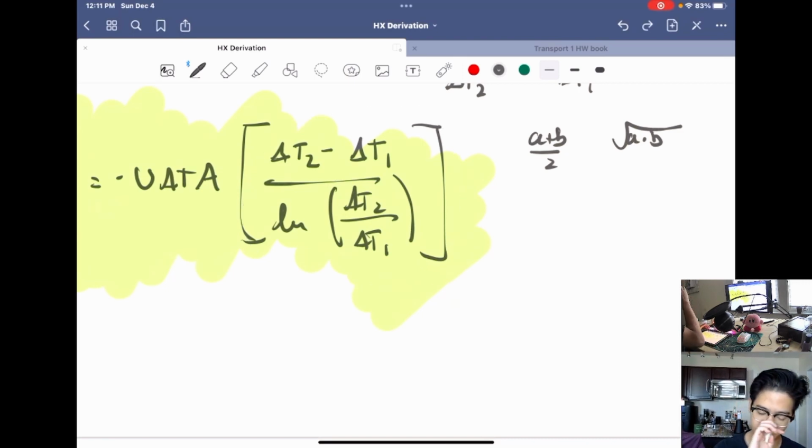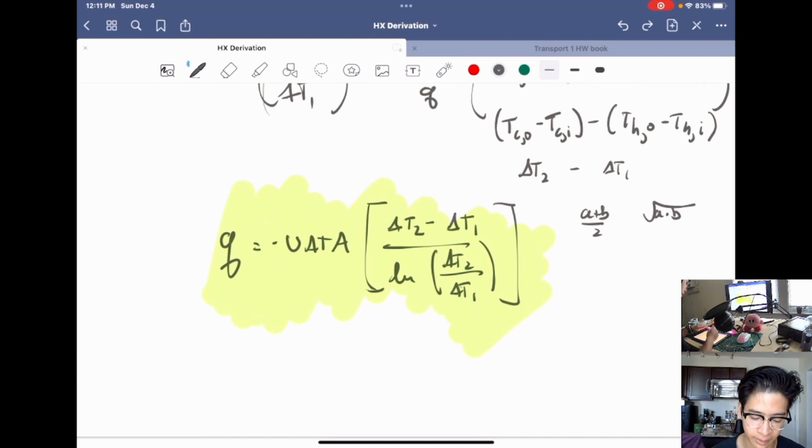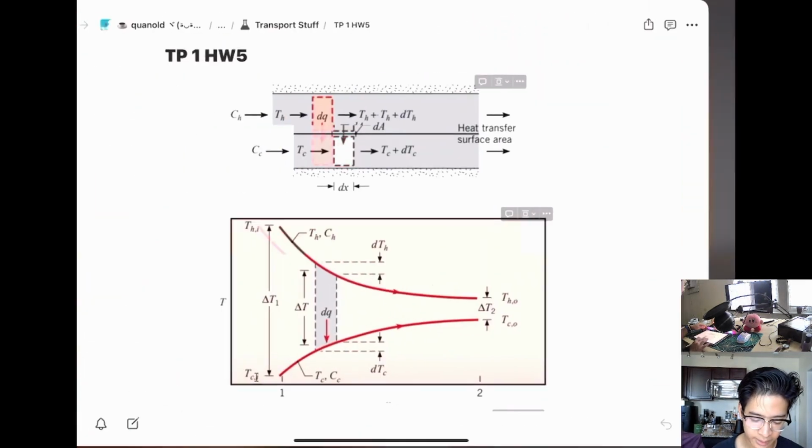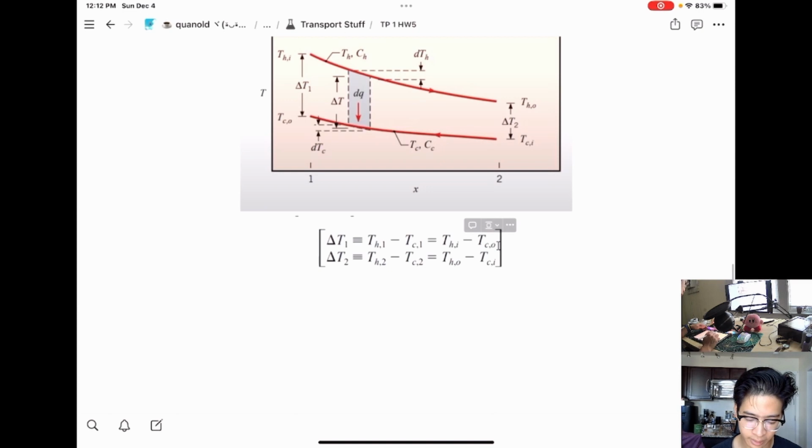Okay, and this log mean difference is important, as are our terms for delta T, because if you take a look at the textbook, you see that delta T1 and delta T2 for a counter current, it's the same. So hot in, cold in minus hot out, cold out, right?